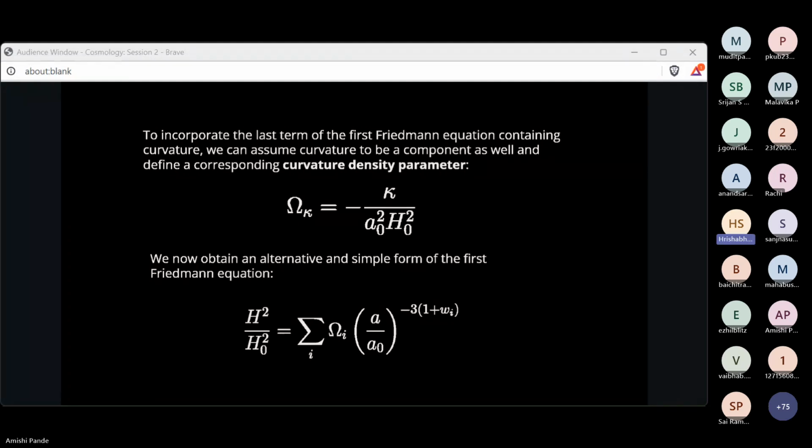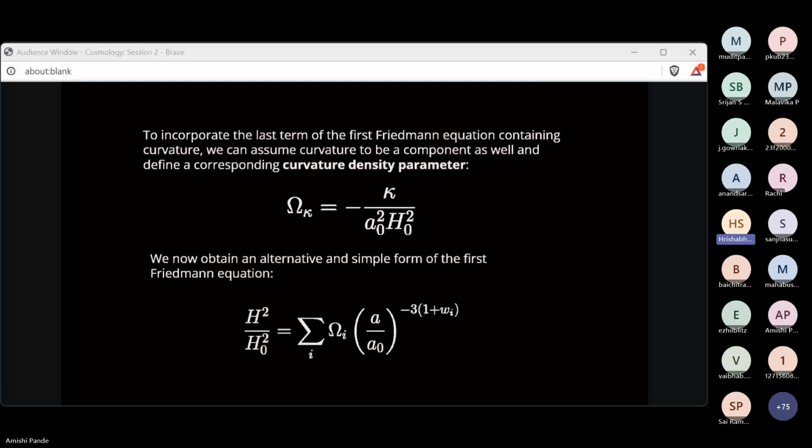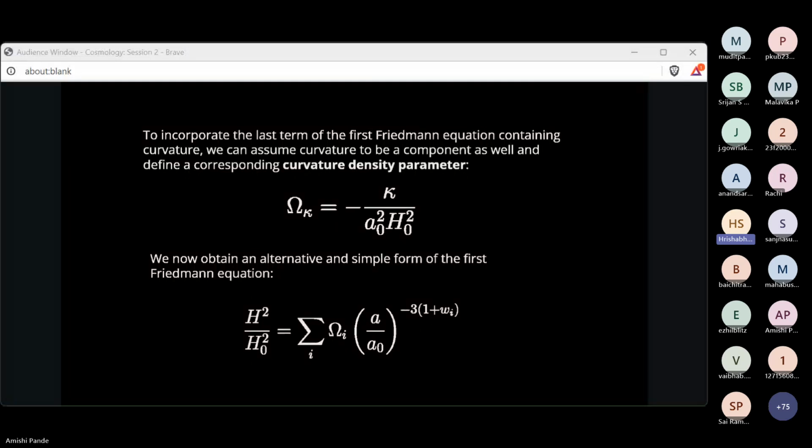So h square by h naught square is equal to omega radiation (a by a naught) to the power minus 3 times (1 plus w radiation), plus omega matter (a by a naught) to the power minus 3 times (1 plus w matter), plus omega curvature, just like how we have defined it before, (a by a naught) to the power minus 2.